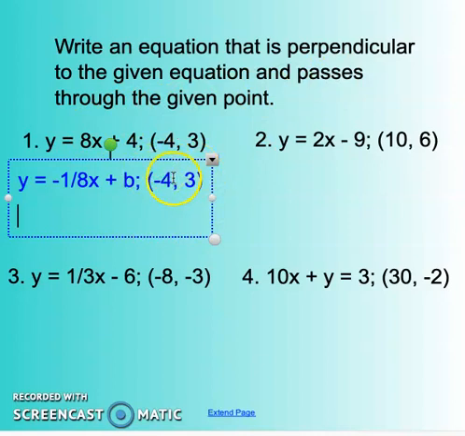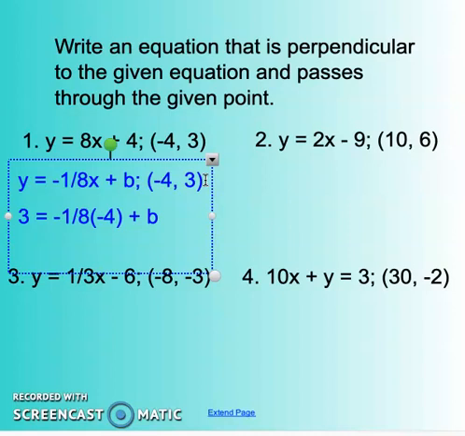Remember, our -4 stands for x, it's our x coordinate, and the 3 stands for our y coordinate. So let's start off with 3 equals -1/8 times -4, and then plus b.